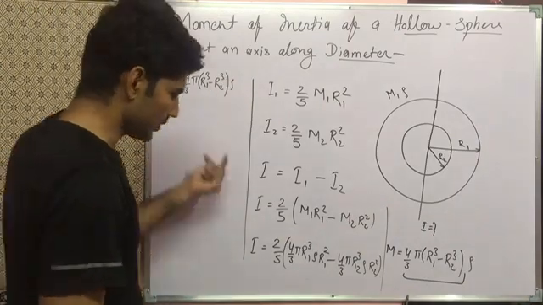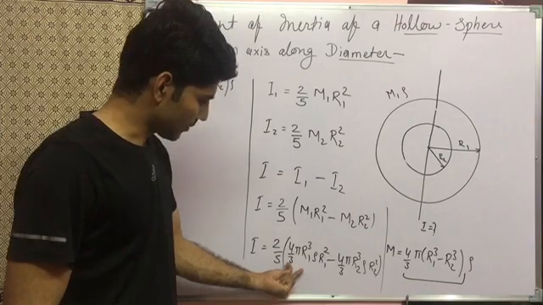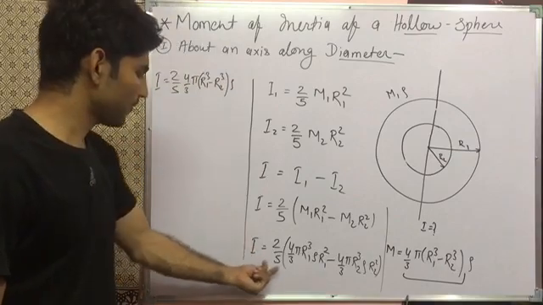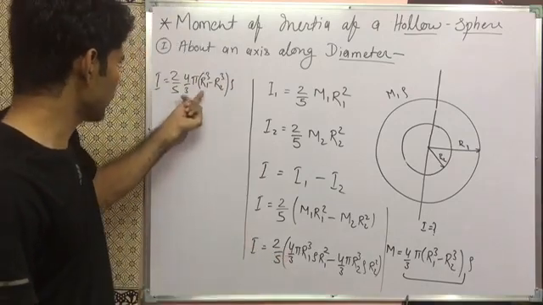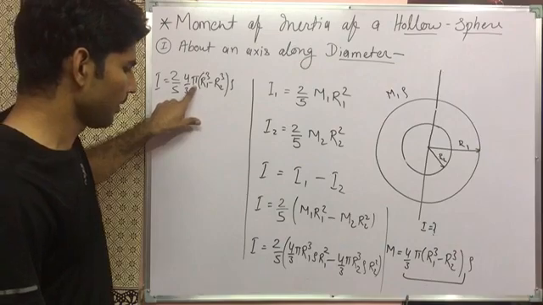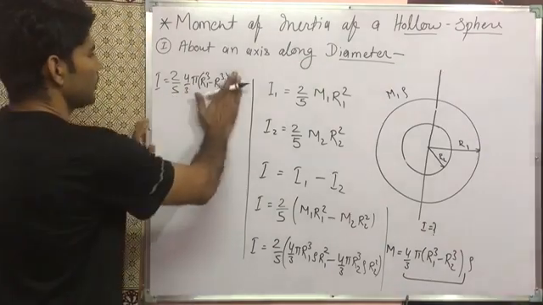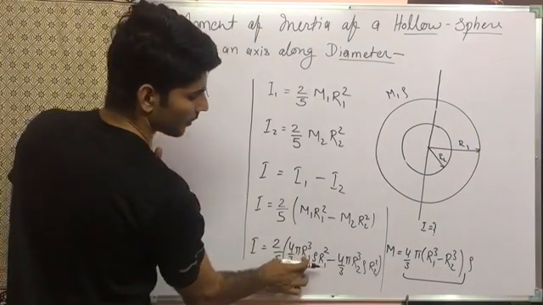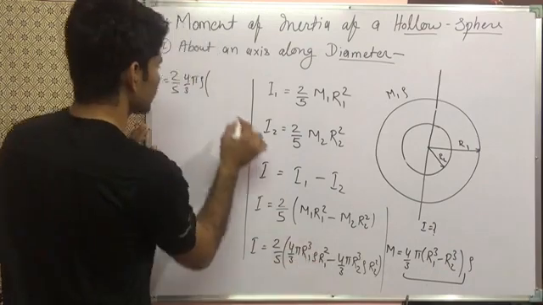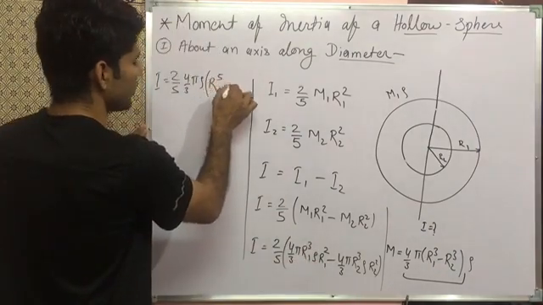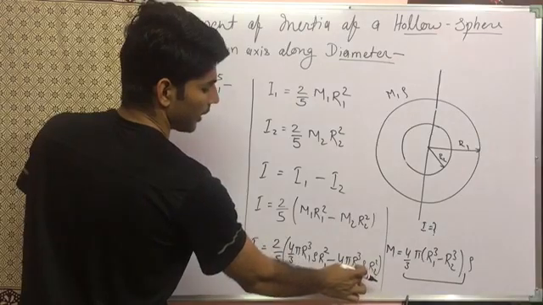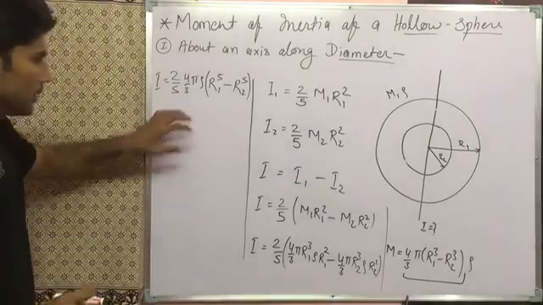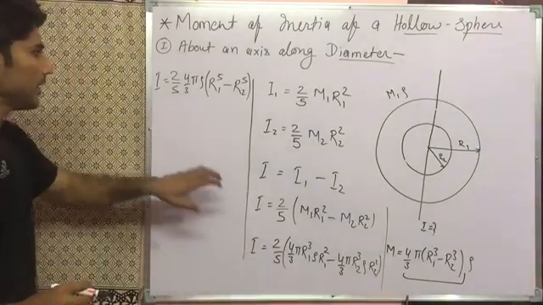I write it in this form so that I can take something out, the value of m. So 2 by 5 is here, 4 by 3 pi rho is a constant I took out, and the remaining part is the square and cube, which will become r1 power 5 minus r2 power 5.